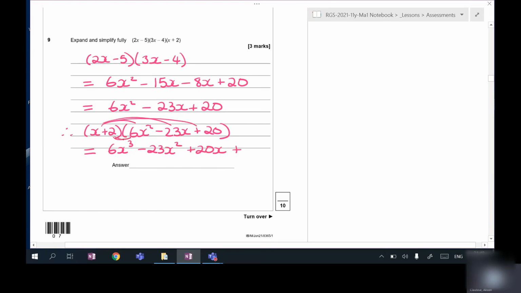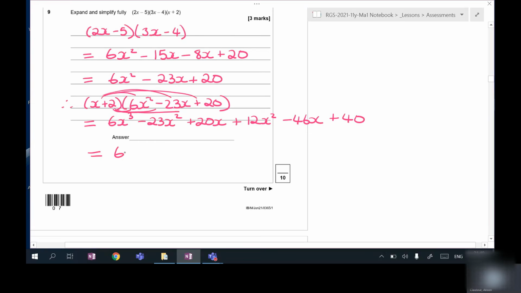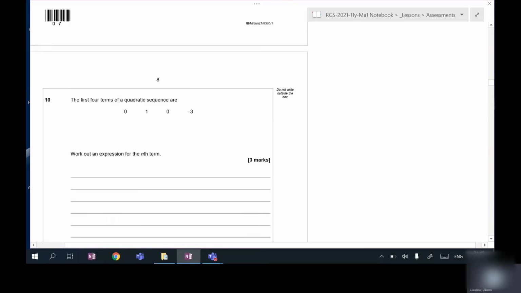And then I'm going to multiply all of them by 2. And then collecting terms together, got 6x cubed. And I've got 12 minus 23. My brain's not working today. 11. And 20x minus 46x. That's 40. So no different to a GCSE question.